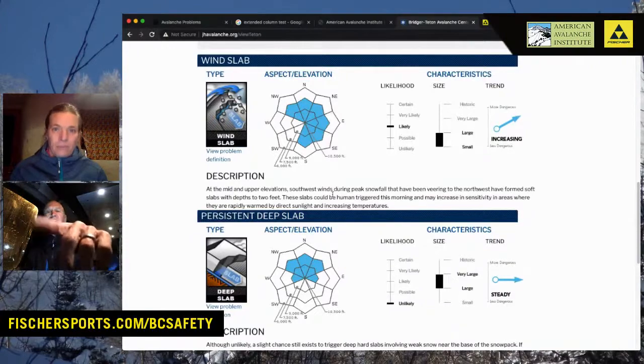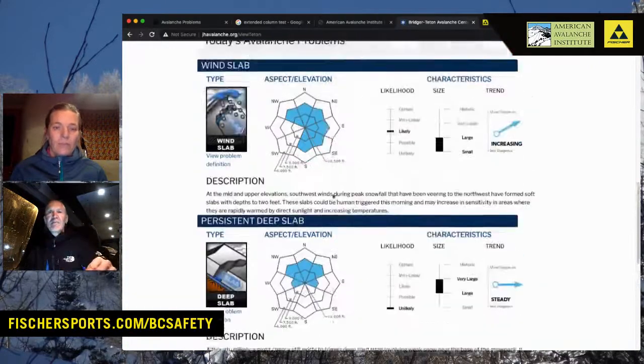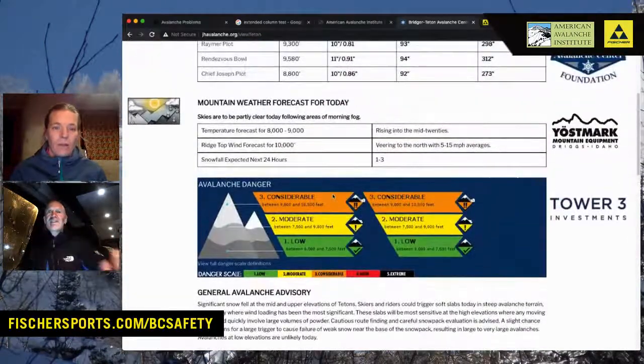Can you scroll back up a little bit? Yeah, so let's look at this rating. Here again, this is similar to the avalanche flower. It doesn't have aspects, but it has the different ratings for below tree line, treeline, and the high alpine. Yeah, and sometimes they all look the same, but in this case your upper elevations are considerable and then moderate and low.